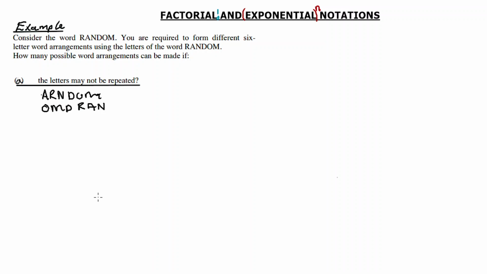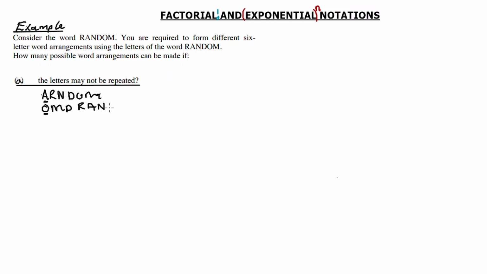So we want to know how many different word arrangements we can make in total, right? That's the question. And the condition is, you may not use the same letter twice. You can only use it once. For example, if I use A here, I cannot use A elsewhere, right?